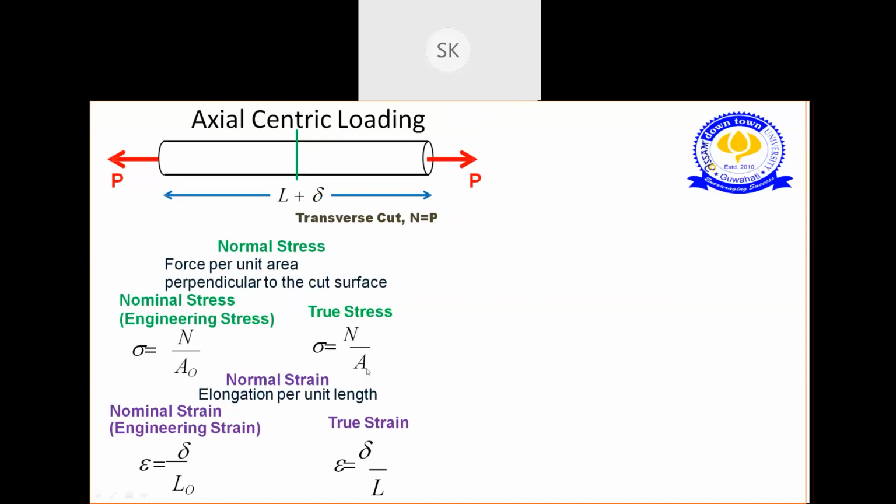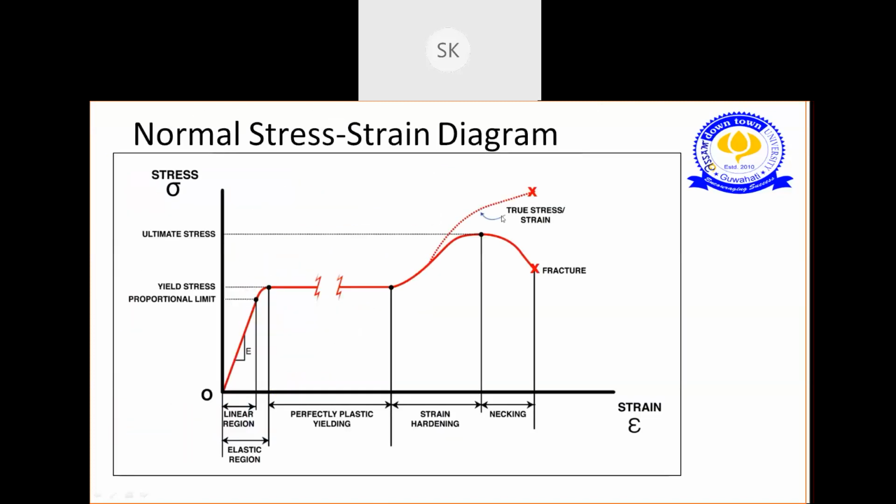So this area is less, so this will be a high value. This area is more, so this was a low value. So this true stress is high, so it will go in the upward direction. And the nominal stress will come in the downward direction. Is this part clear?